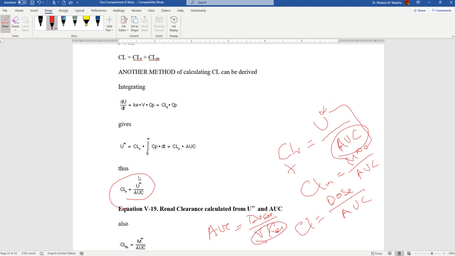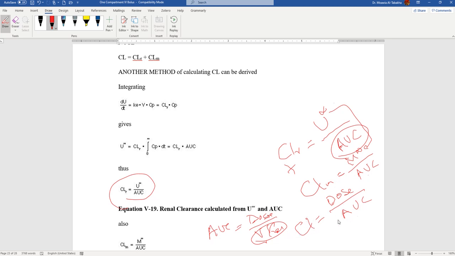Now the good thing: you remember when we talked about the trapezoidal rule, and we said this rule, the approximate numerical estimation of AUC, is very frequently used because we do not need to assume the number of compartments. Okay? So if I calculate AUC and I know how much dose I am giving, I can calculate the clearance.